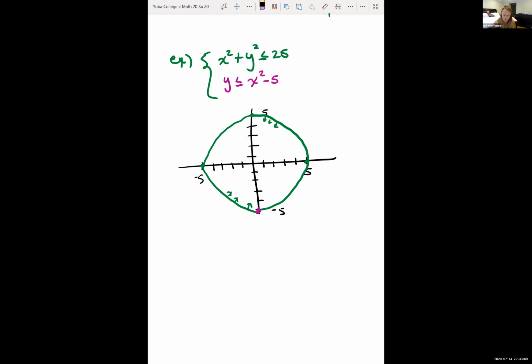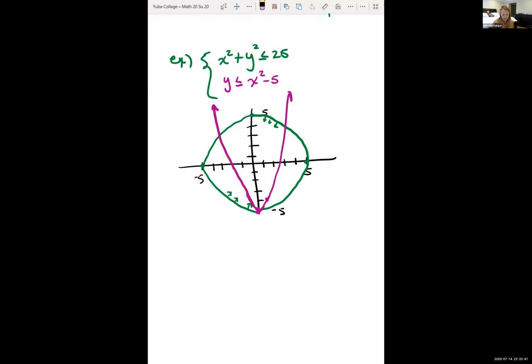If I plug in 1 for x, that would give me 1 squared minus 5, which is negative 4. So I have a point here. If I plug in 5, well, that's going to be way up here. I'm not sure where it intersects, but let's just get some sort of idea. And we can find these values, we can look at that in a minute. That would be good review too.